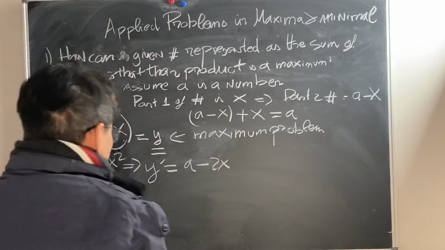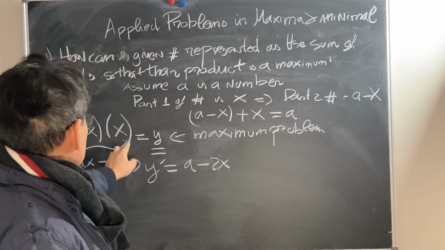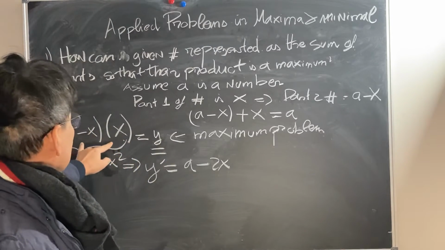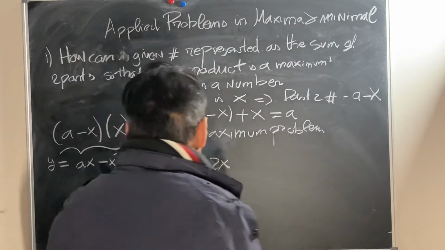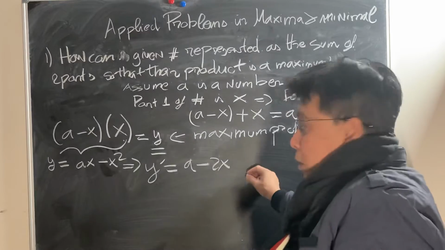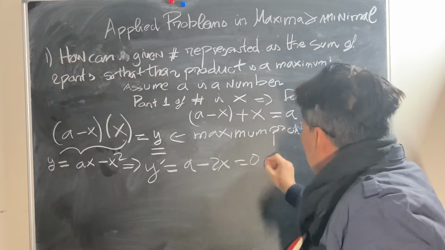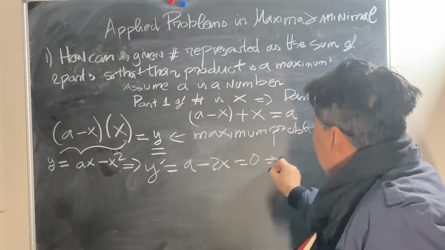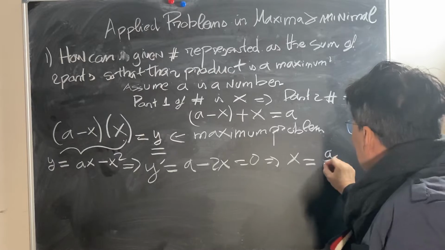Okay. To find the maximum or the minimum of this equation, a minus x times x, you need to take the derivative and set it equal to 0. So when that equals 0, for x you get x equal a over 2.